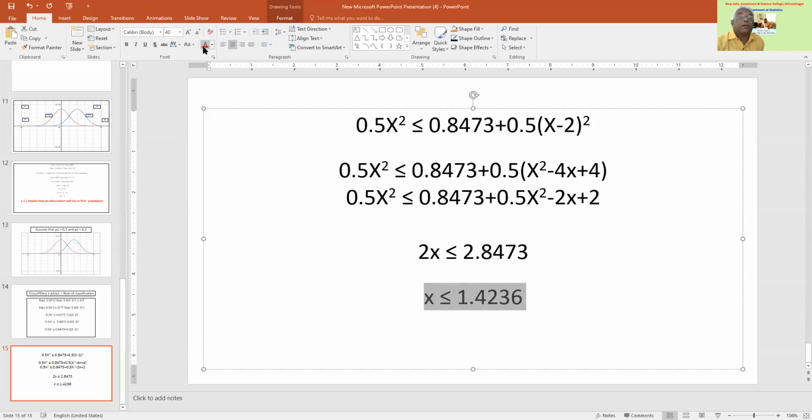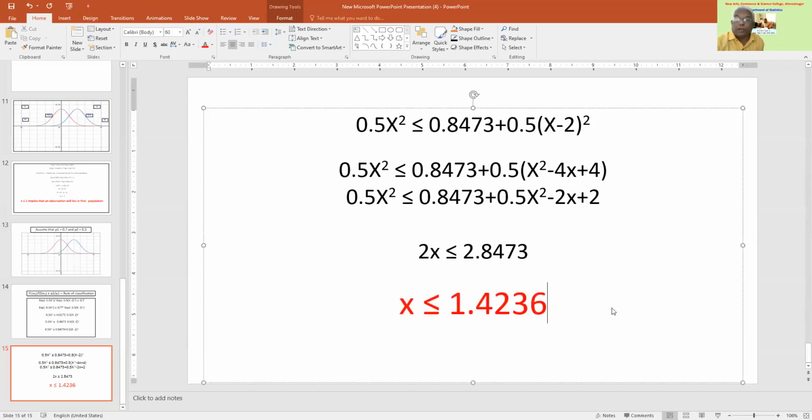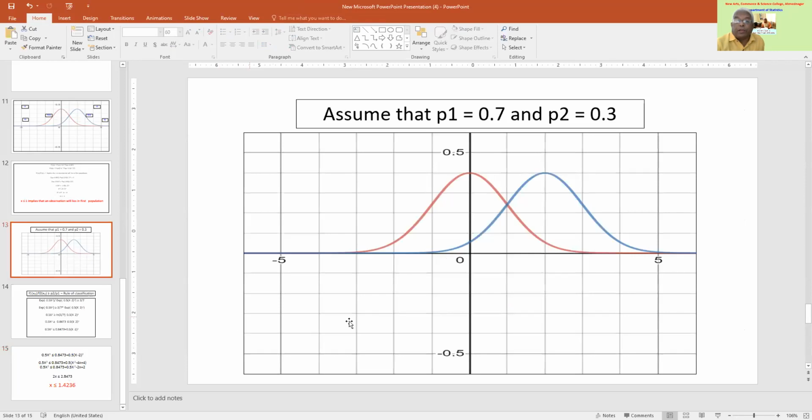X less than or equal to 1.247x. It means what? Your x cutoff point will be to this side. 1.42 means it is nearly close to 1.5, right?